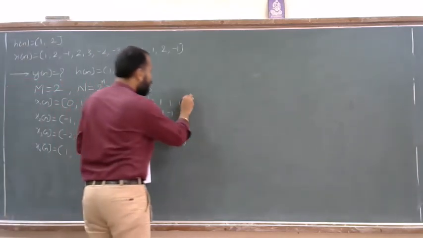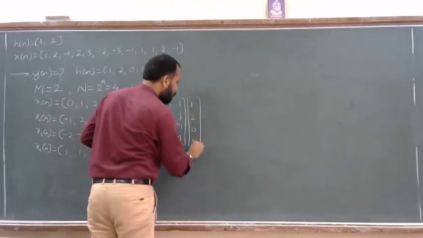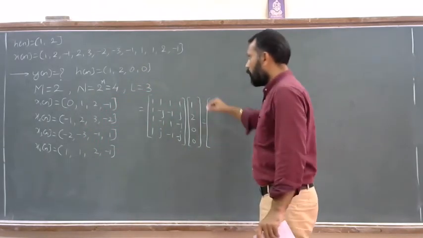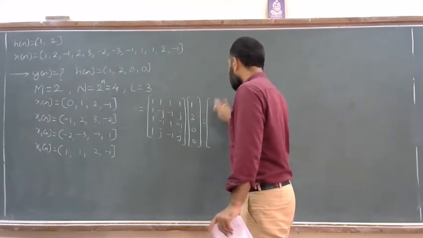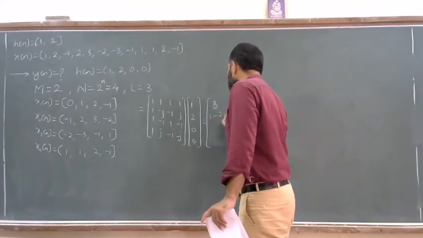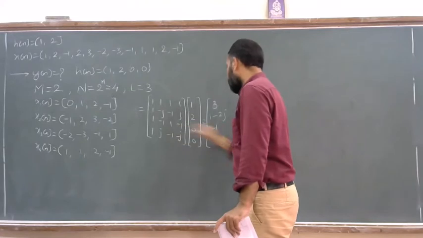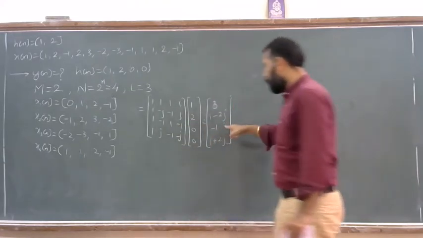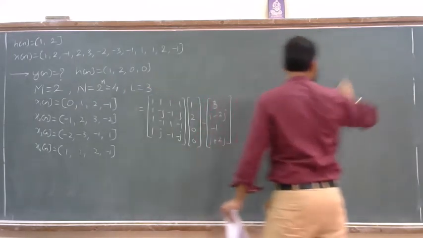Now this has to be multiplied with the impulse response sequence, 1, 2, 0, 0. So the 4-point DFT we obtain is 1 plus 2, which is 3, 1 minus 2j, 1 minus 2 which is minus 1, and 1 plus 2j. This will be the 4-point DFT of the impulse response.